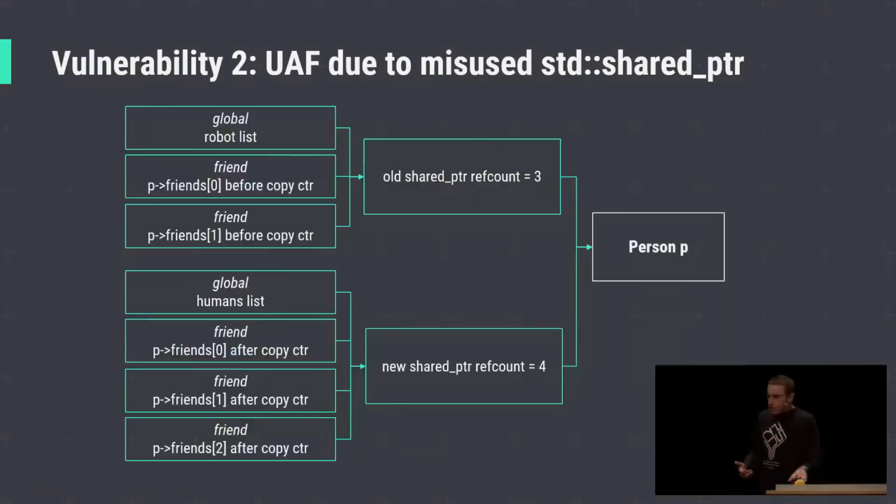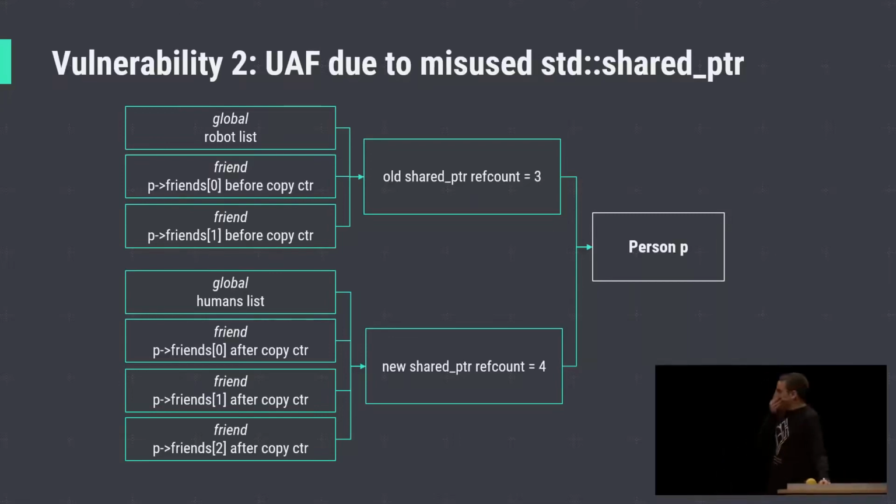Instead, you duplicate the shared pointer, and you have two different shared pointers which point to the same chunk in memory. And of course, this is really wrong, since when one of those shared pointers reaches 0, the person chunk in memory will be freed, and you have a dangling pointer from the other shared pointer to a freed chunk. And then the fun begins.